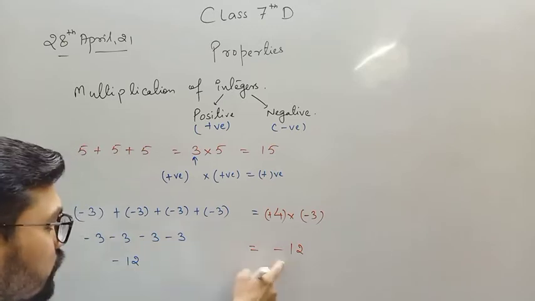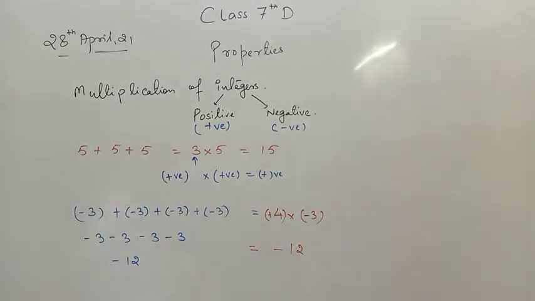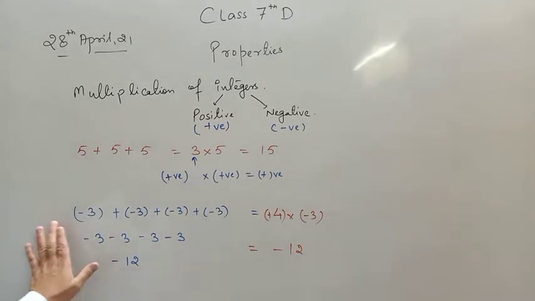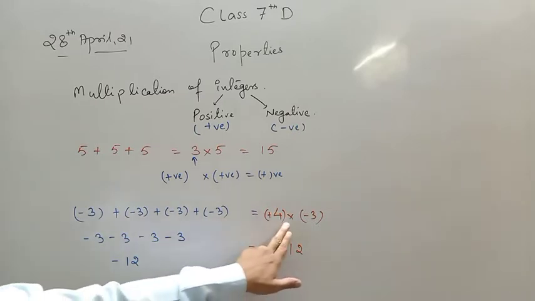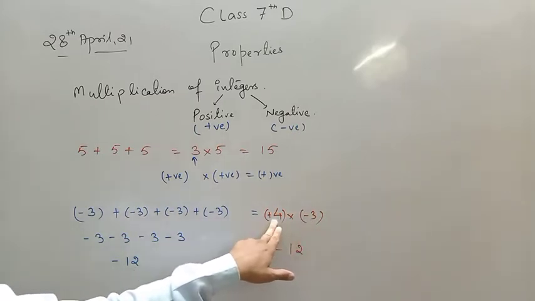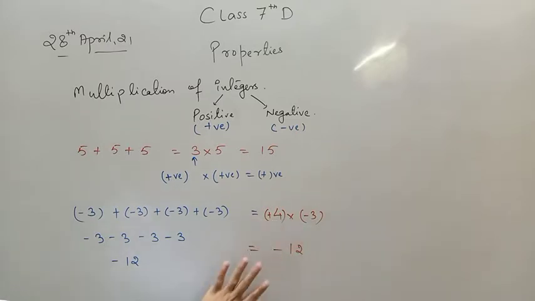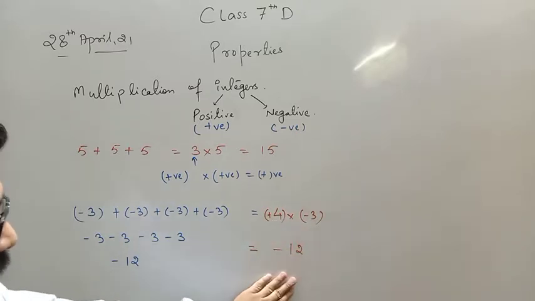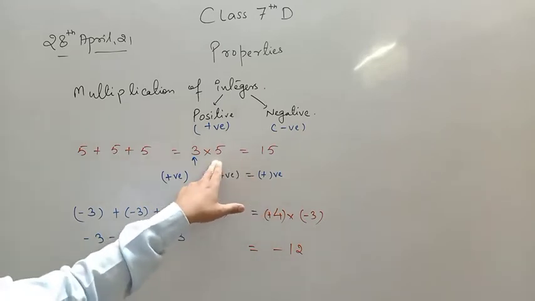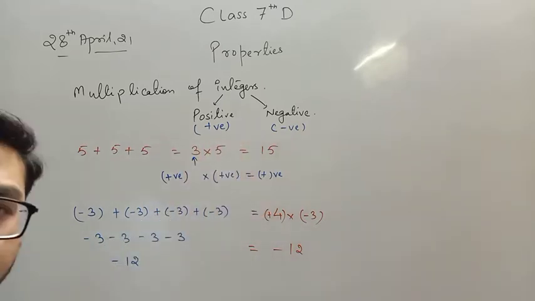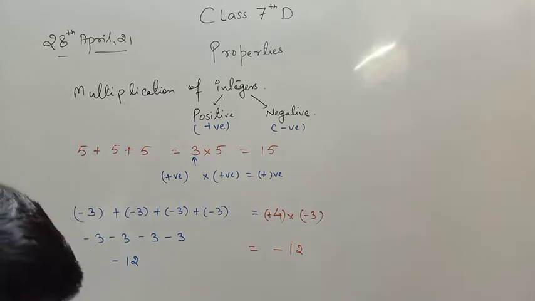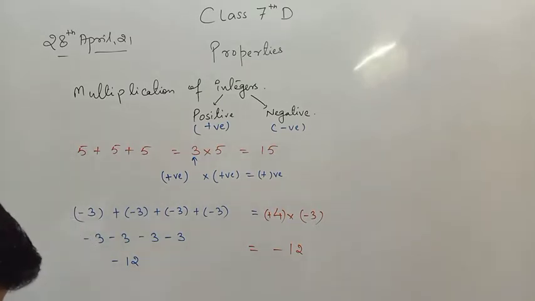So you get the same result. You have 2 options: either add these values, or multiply the number by the number of times it appears. So there's a simple multiplication of a positive and a negative integer, and a simple multiplication of 2 positive integers.